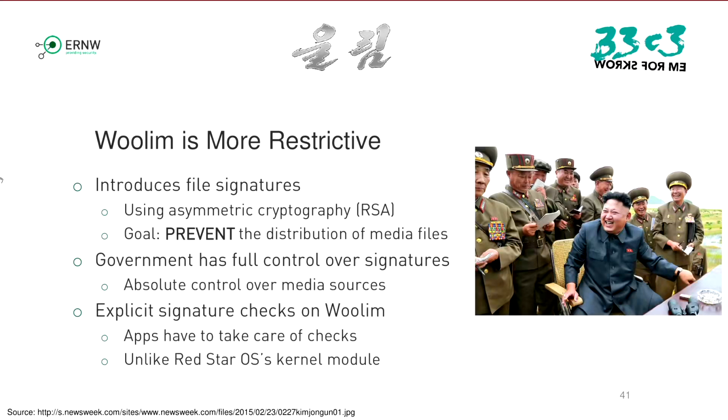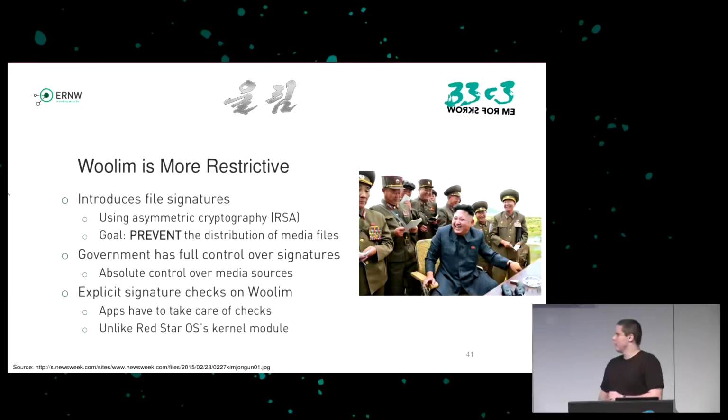What should be noted here is that compared to RedStar, which had implemented most of the functionality in a kernel module that just hooked the system calls, in Woolim all of this is explicit. Each and every application has to do its own signature checks. It's not the operating system itself that provides this functionality.